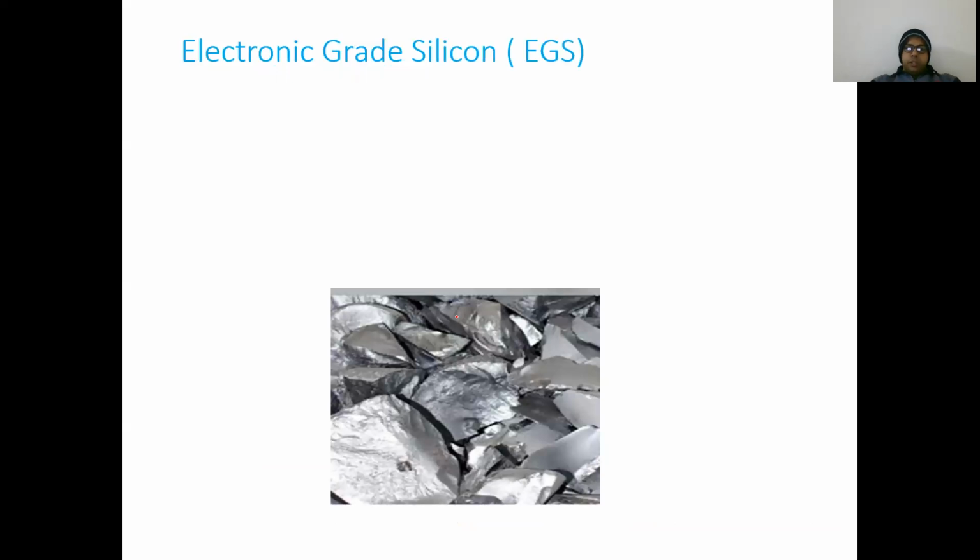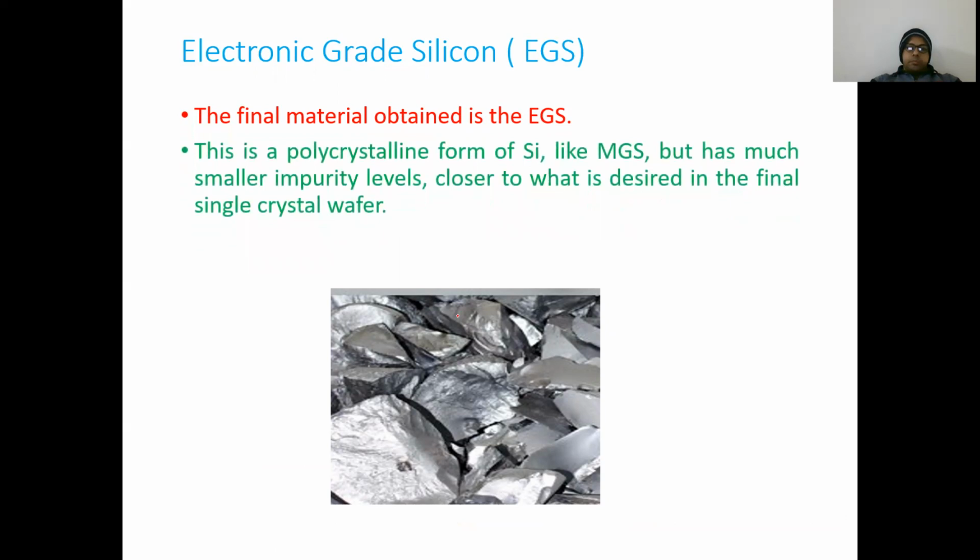So this is your electronic grade silicon, you can see, but this is amorphous in nature, and the final material obtained using these processes, electronic grade silicon, is 99.99% pure, and this is polycrystalline in nature. That means no particular orientation is there, but it has much smaller impurity levels, so it is closer to what is desired in the final single crystal wafer.